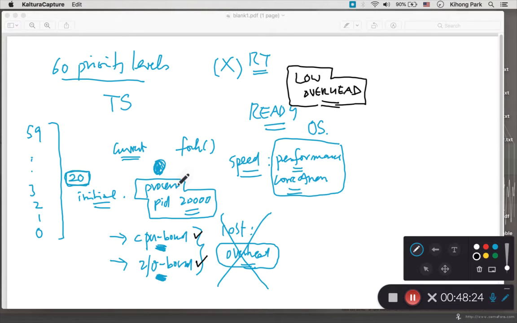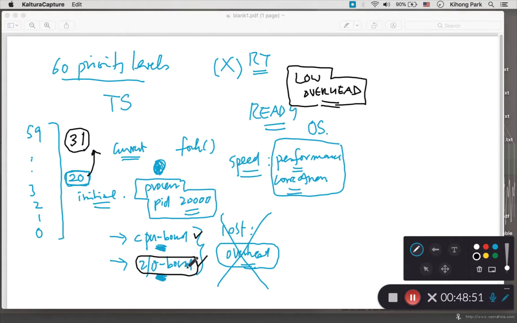Next time when the scheduler has a chance, if it thinks this guy is behaving like an IO bound guy, it bumps up its priority, suppose from 20 to 31. Why? Because its behavior seems to indicate that this guy is IO bound.